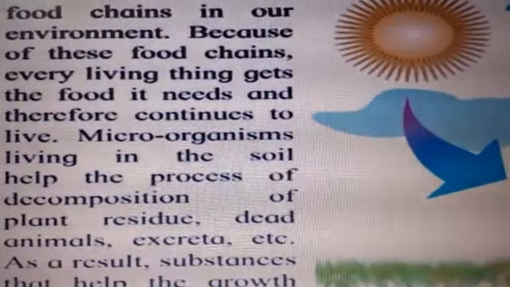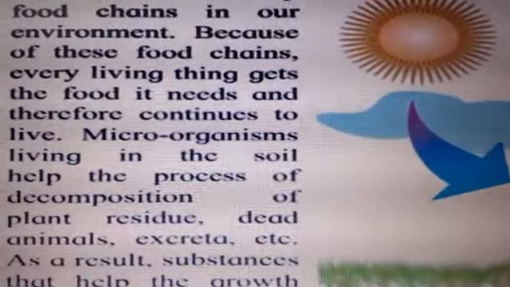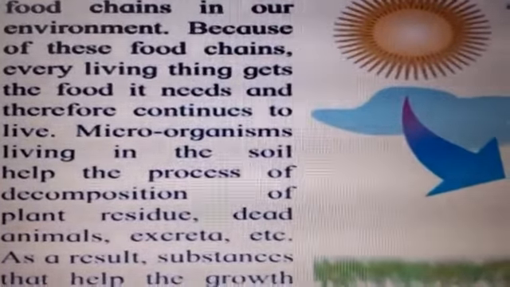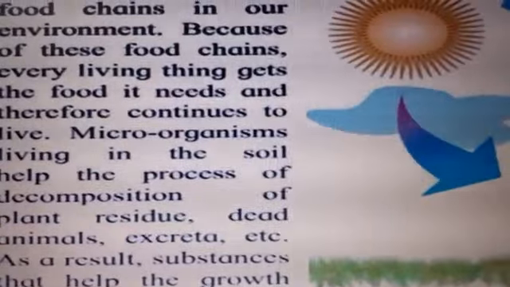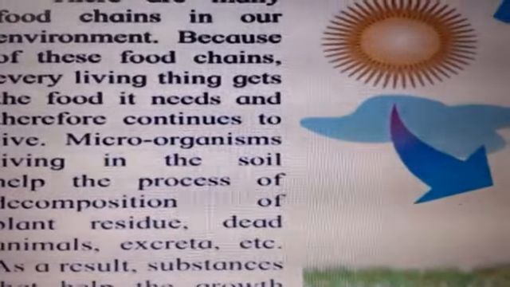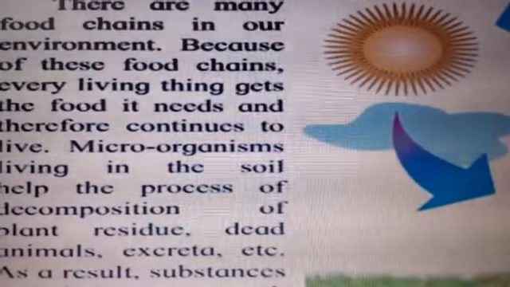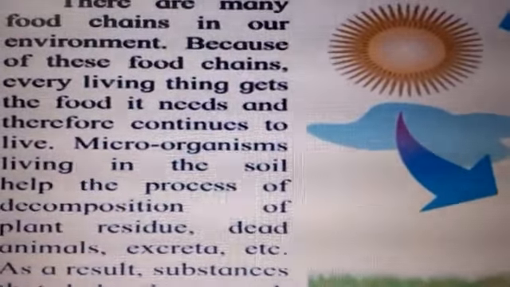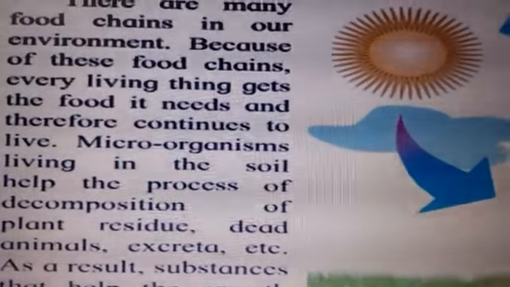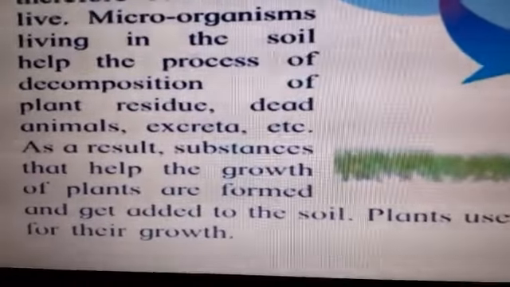You will find them lying in the soil for many days, and afterwards they become dark brownish or blackish in color, and after a few more days you will find that they are not visible. So the decomposition of plant residue, even dead animals, excreta, etc. is done by the microorganisms.